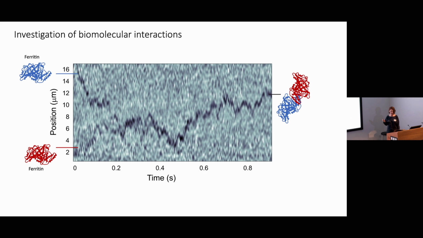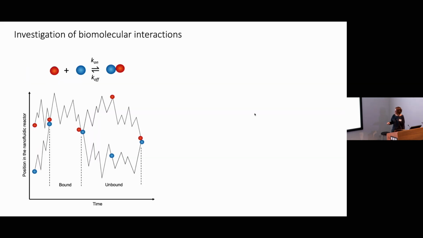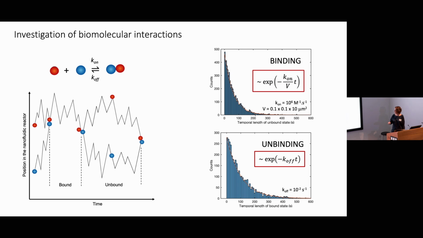But from this one event, it doesn't really give you any quantitative information, right? What you would need is a much longer time, so you would have the ability to measure the time scales of the bound and unbound states, and since these interactions are stochastic, you have to measure them many times.